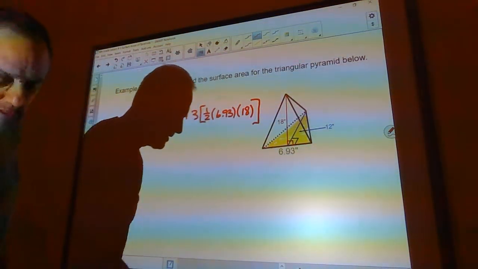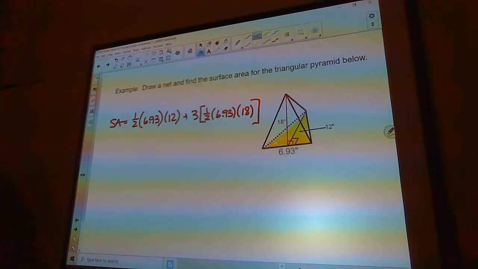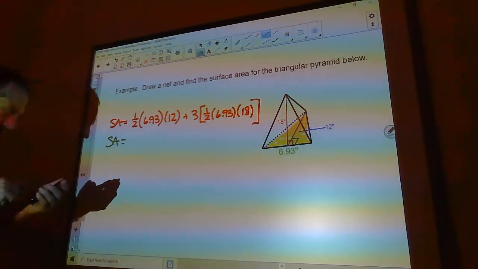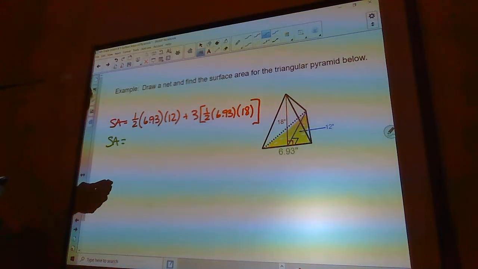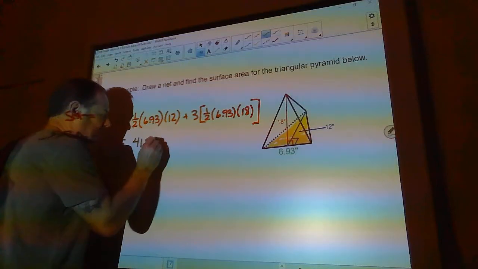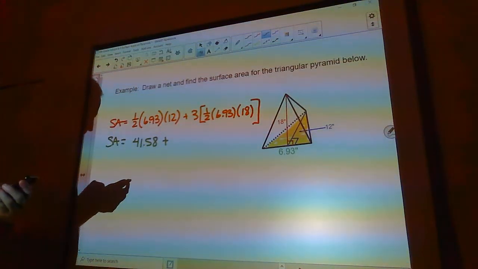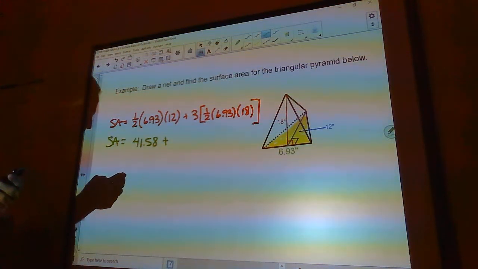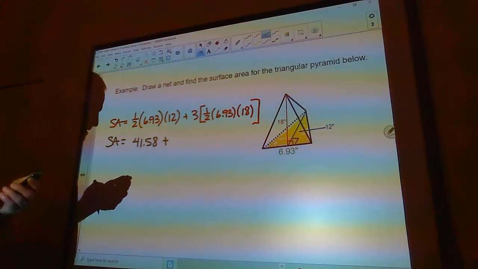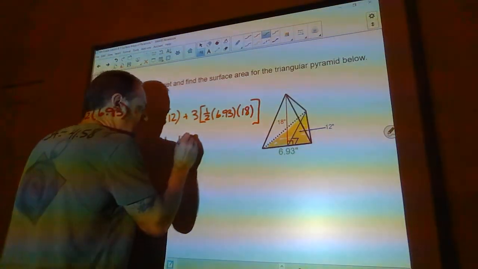Definitely a calculator question here. So, here we go. 0.5 times 6.93 times 12 is 41.58. And then we have 3 times 0.5 times 6.93 times 18, which is 187.11.